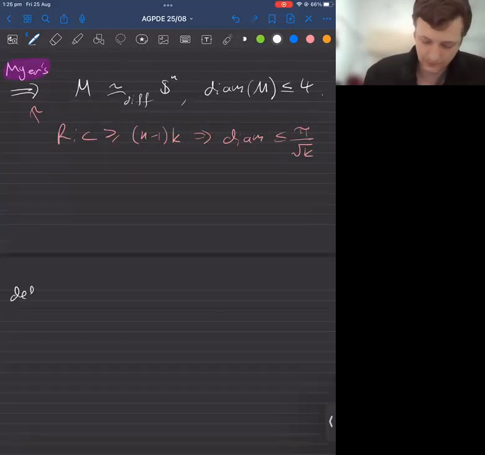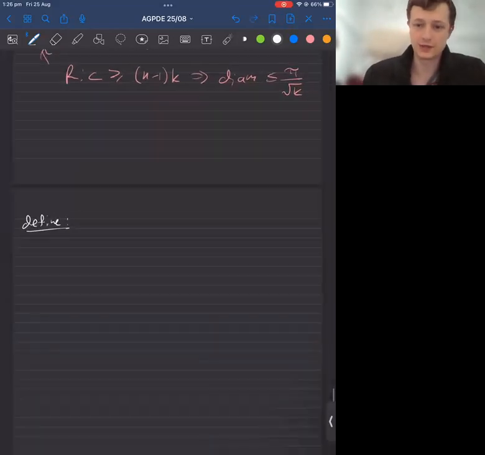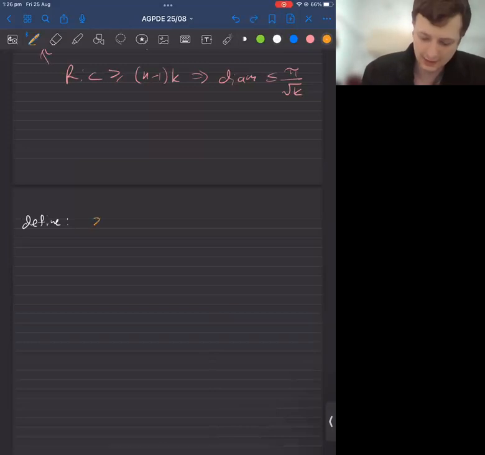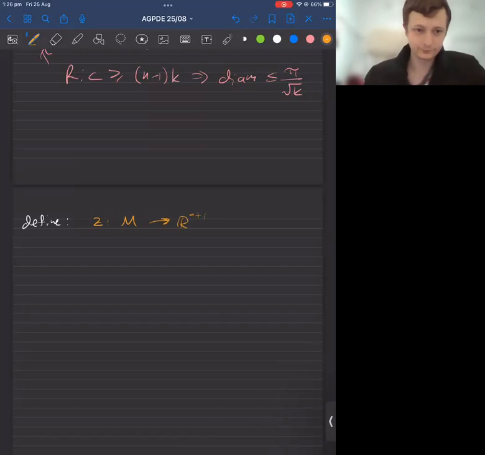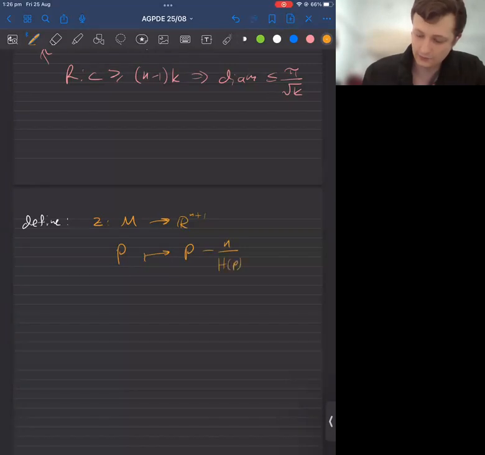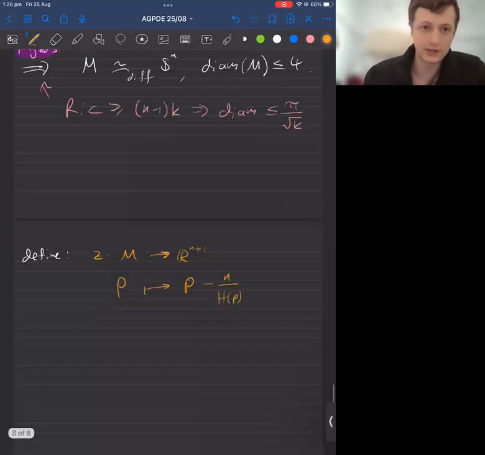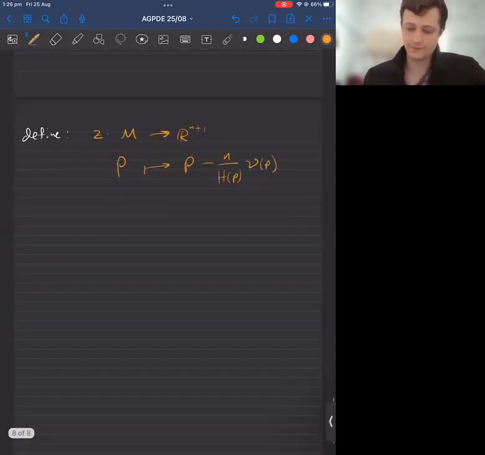So from here, as Ben said, we're defining an approximate center function. This Z, which goes from M to R^(n+1), we take a point p and we do p minus N over H of p, which is well defined because we're uniformly convex, times the normal at that point.